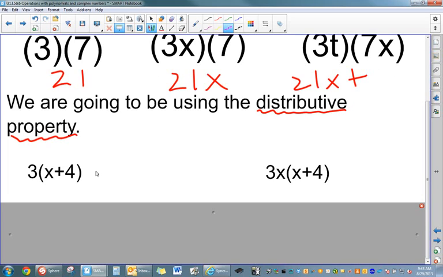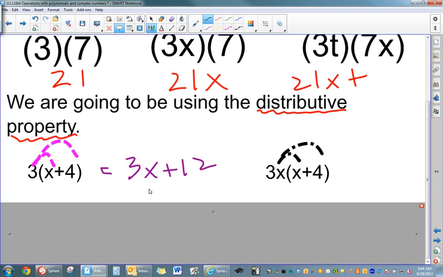Kate, what do you get when you distribute here? 3x plus 12. And the second one, when you distribute in black, what did you get? Stephanie, what did you get?